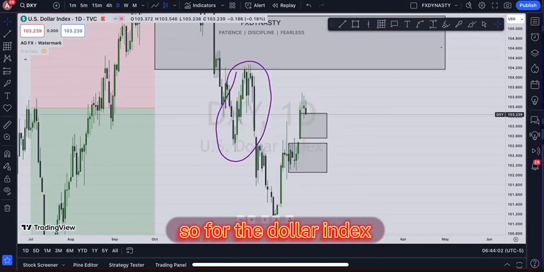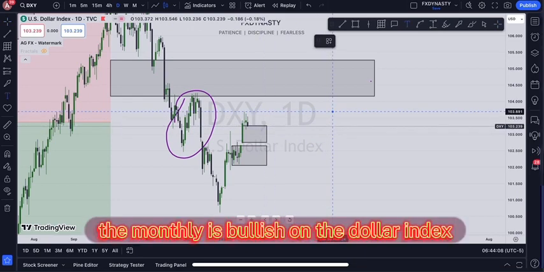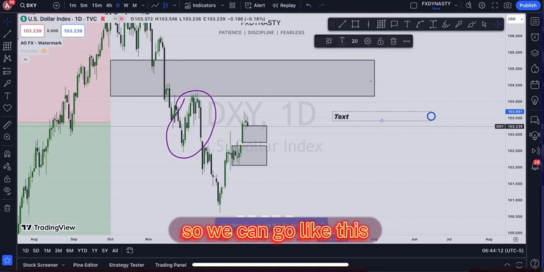So for the dollar index, we can see that the monthly is bullish. The monthly is bullish on the dollar index, so we can go like this.